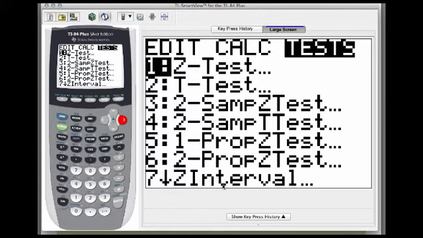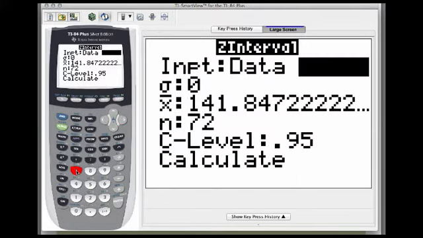Okay, if you scroll down the list, you'll notice a few of them say interval. They're all different types of confidence intervals. Your classic normal basic one is number 7, Z interval. You'll notice a few different options. The first line of input, if by chance you had all those numbers in a list, you can enter just the data itself.